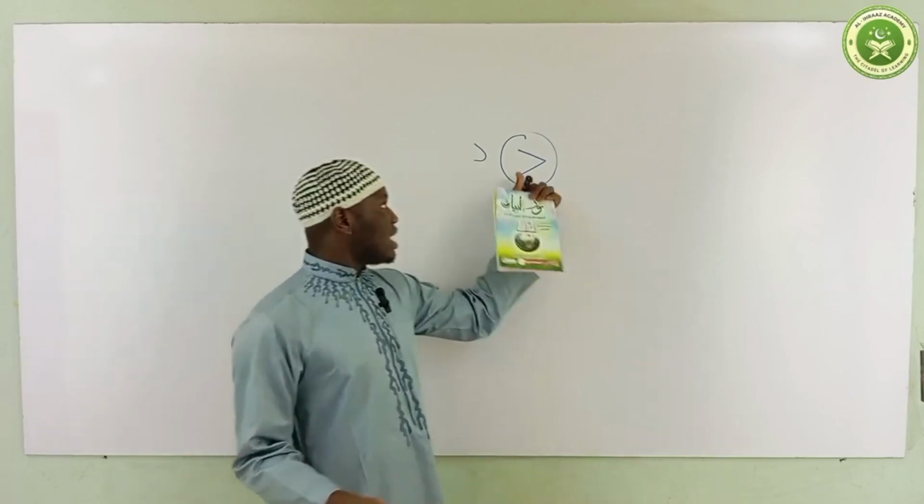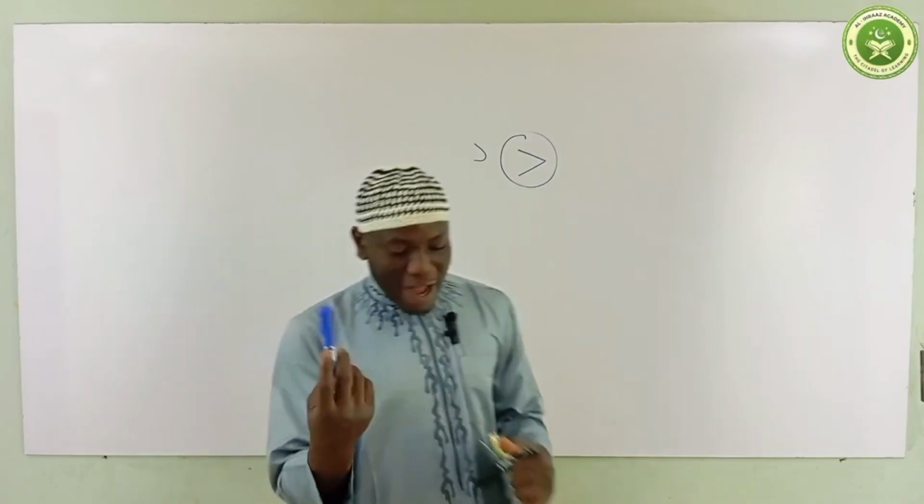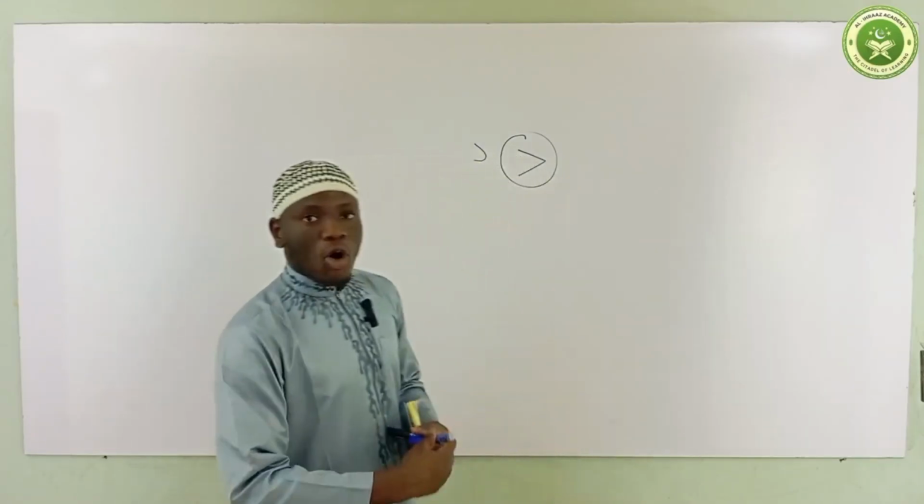Since we know this is the greater than family, they have 2 children, 2 kids. We have one called Dal and one called Dhal.